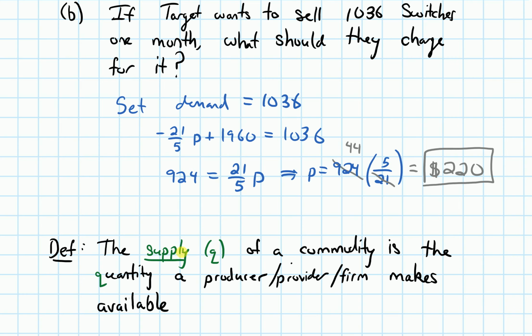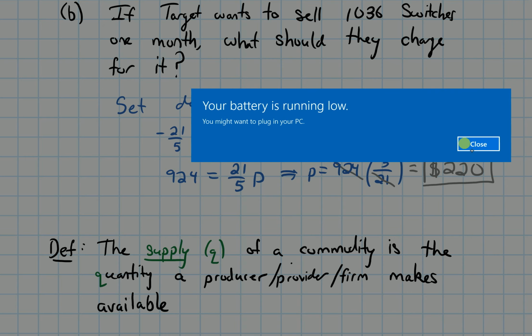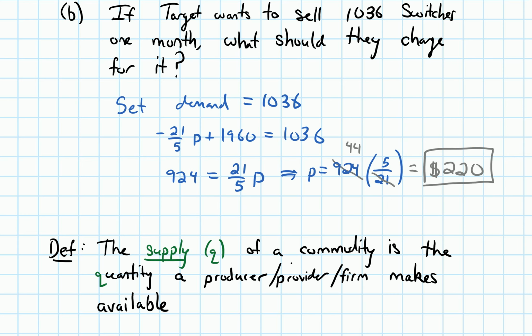The supply, which we denote by the variable Q, of a commodity is the quantity that a producer or provider or firm, or whoever is supplying this commodity, makes available and puts out into the marketplace.